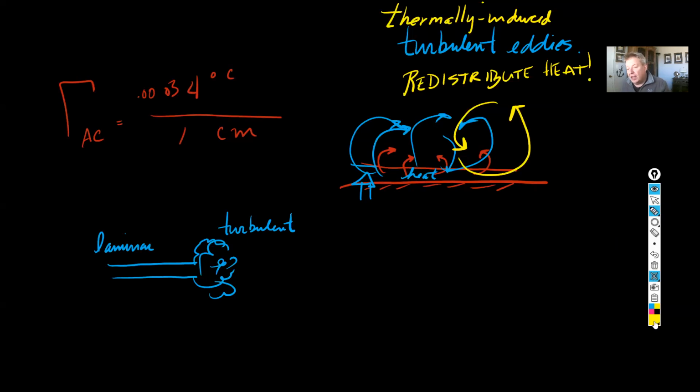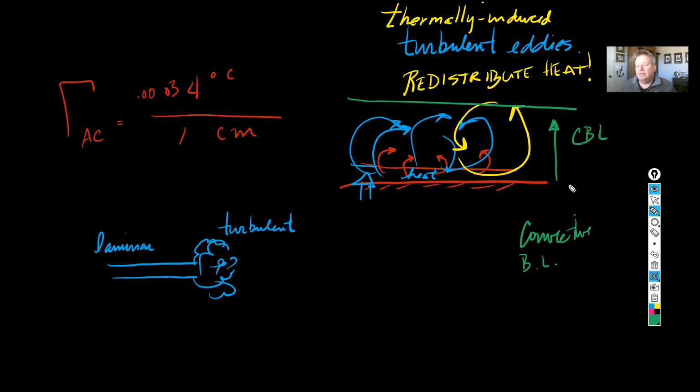So what I'm going to say is this. This layer is known as the CBL, which stands for the convective boundary layer. We can write that out for you. Convective boundary layer.